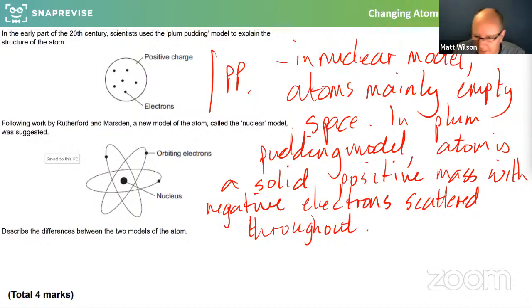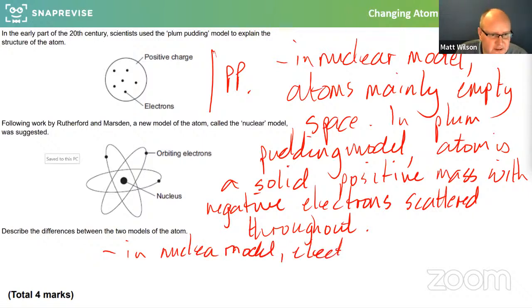So that's a bit about the nuclear model. We can say a bit more. In the nuclear model, electrons orbit at specified distances.